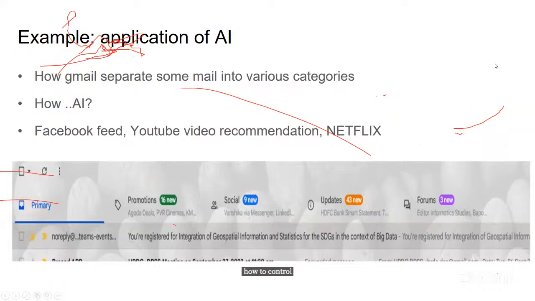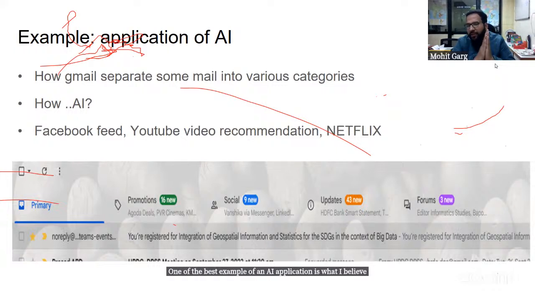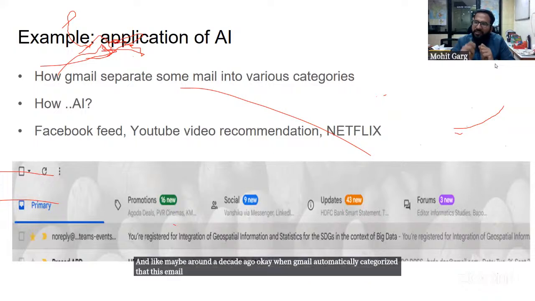Okay, so one of the best examples of an AI application, I believe, and we have seen it maybe around a decade ago, is when Gmail automatically categorized that this email is promotional, this email is an update, this email is related to social things.